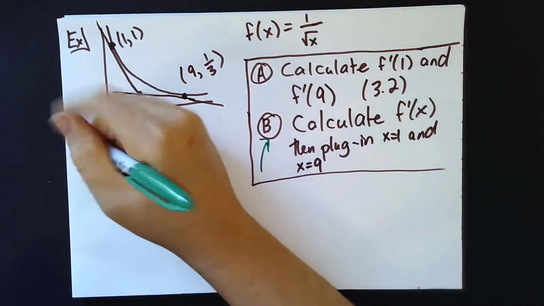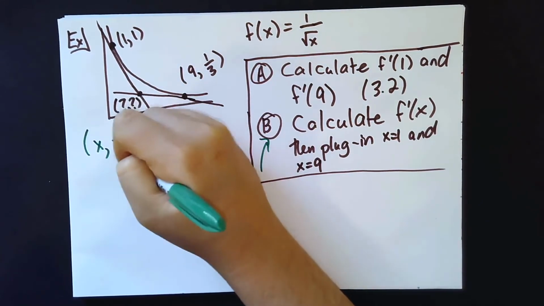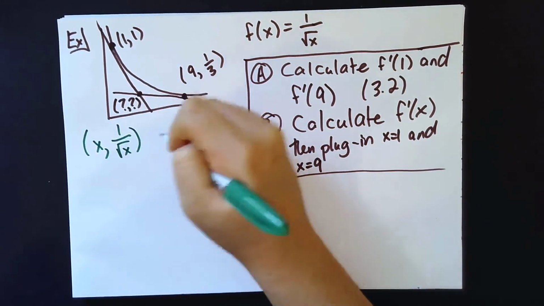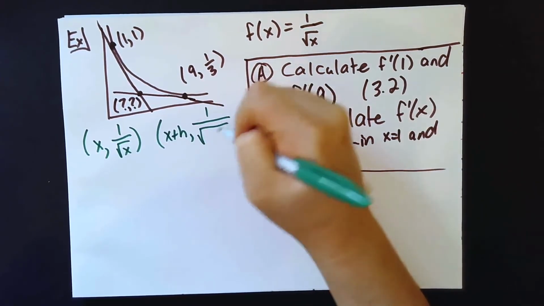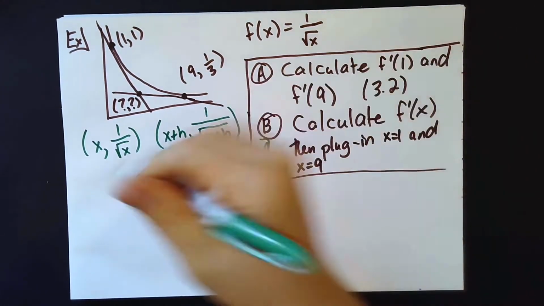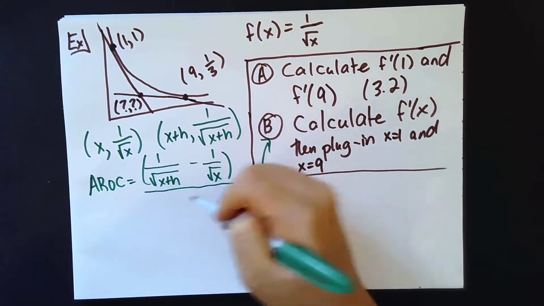So if I'm going to do that, then I need to write down my 2 points, x, f of x, and the point where I bump this over just a smidge, like that. And then I calculate the average rate of change here. Okay.